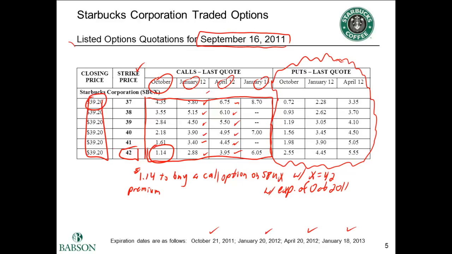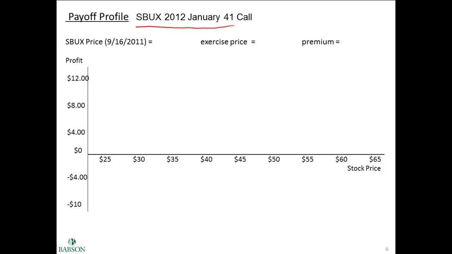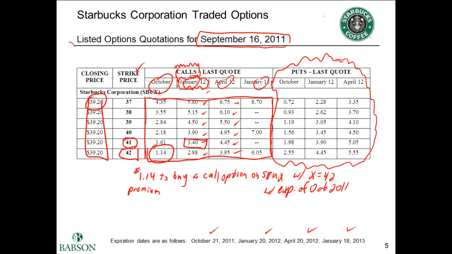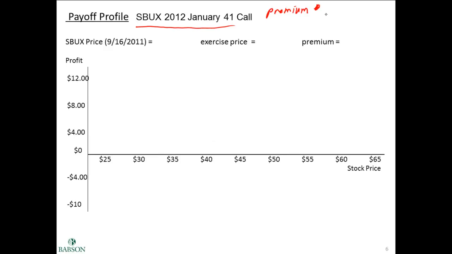Okay, so we're talking about a call option. Got it. Talking about January. Got it. Strike price of 41. So we find what that would cost. That would cost $3.40. So let's go down to here. The premium price that you would pay up front for this option is $3.40.